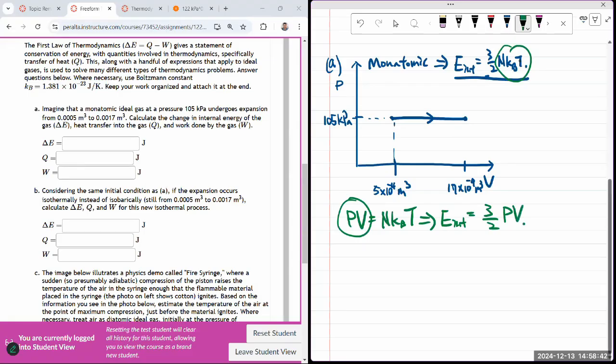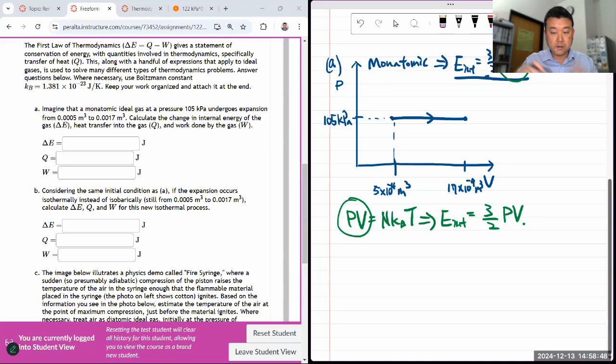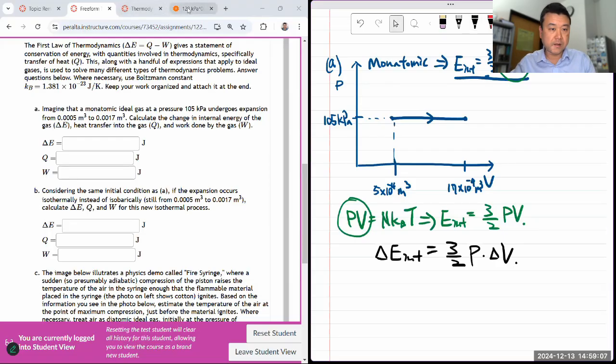So, all right, I think I have all the numbers to plug in. That's the internal energy. So the change of internal energy is change of delta PV. Here pressure remains the same, so it's going to be 3/2 P times change of volume. Let me do this in Wolfram Alpha.